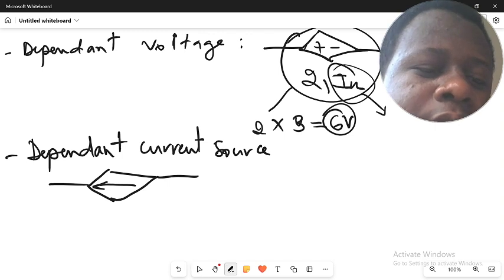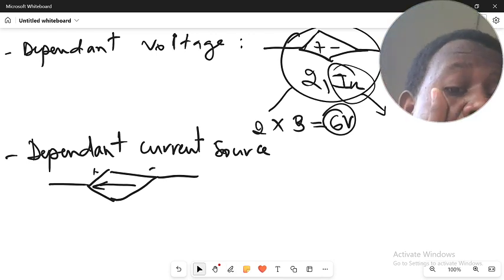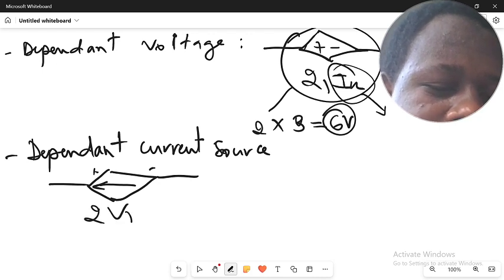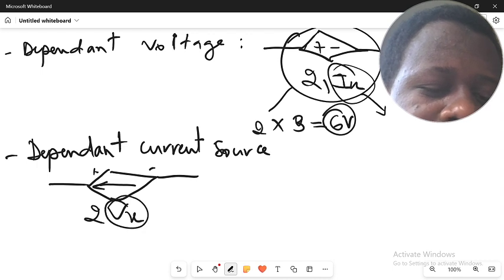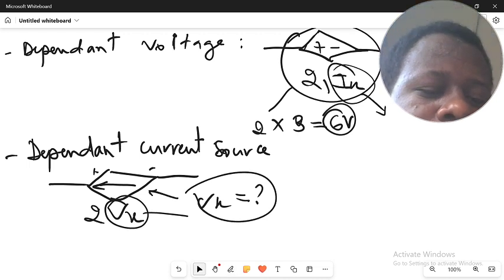In this case, we already talked that if the arrow is in this direction, it means that here is the positive terminal, here is the negative terminal. So it can also be a dependent current source, which depends on voltage Vx. This means that this current source depends on a parameter Vx. If I have the value of Vx, I can directly determine the current of this source.